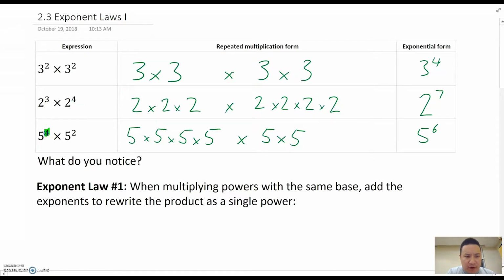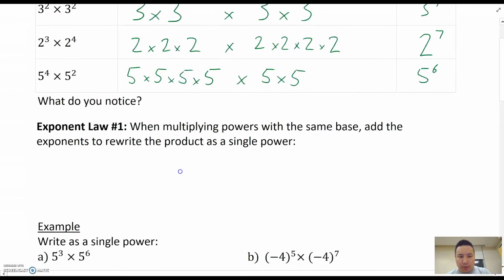And then when we had 5 to the power of 4 with 5 to the power of 2, and we multiplied them, we end up with 5 to the power of 6. So hopefully you caught on that these exponents are just being added together. So when we write it as a single power, we just take the exponents from the other powers and add them up. And that's our first exponent law here.